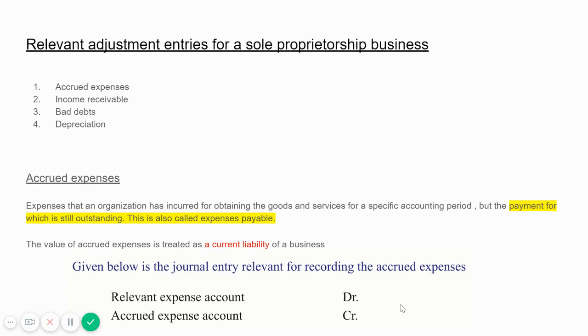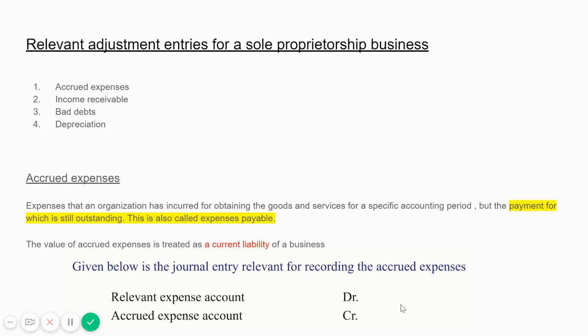Now, I hope you all have a better understanding about why the adjustment entries are needed and what the adjustment entries are to the financial statements. So now I'm going to explain these adjustments one by one in detail, because it's very important for your examination and for your knowledge as well.